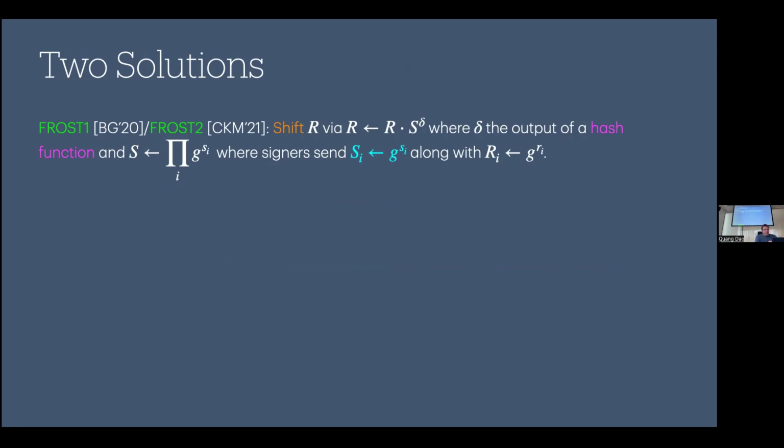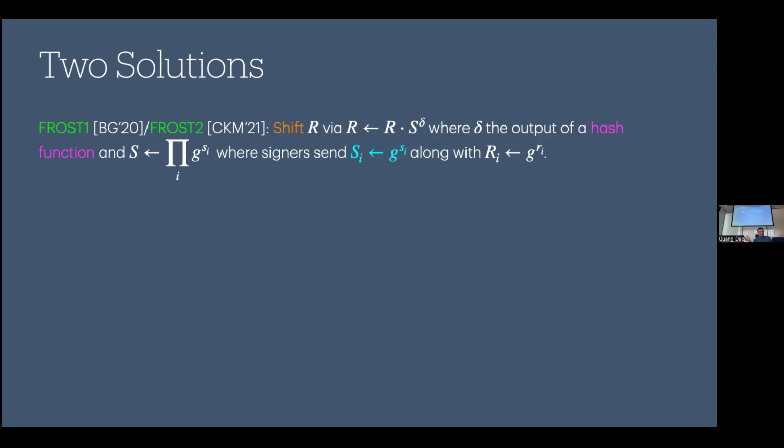The idea is that the leader shifts R by multiplying by S to the delta, where the signers, in addition to the R's, also choose S's. In addition to sending G to the R_i, they also send G to the S_i. The final R, which is used to sign, is the old R times S to the delta, where delta is a hash of all the R_i and S_i.